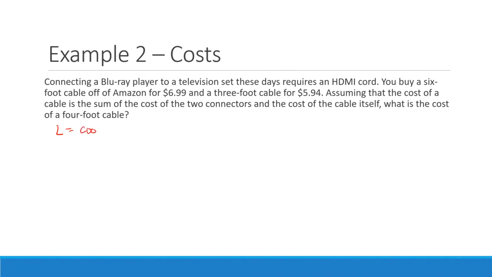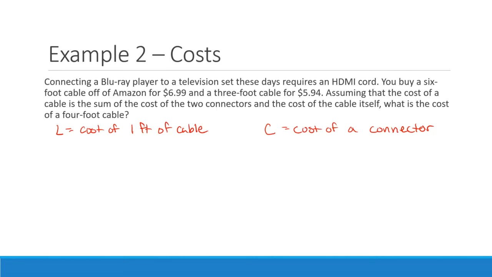So it's the cost of, let's just say, 1 foot of cable, the most basic length because our units are in feet. And then I can use C for the cost of a connector. So I've got my units.